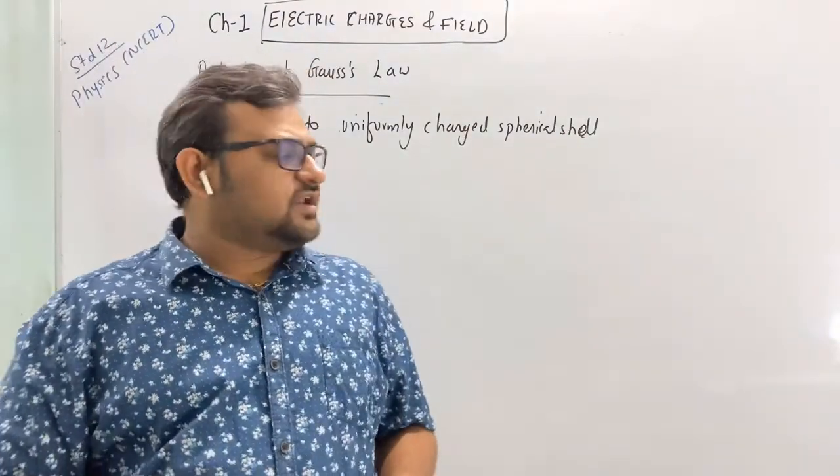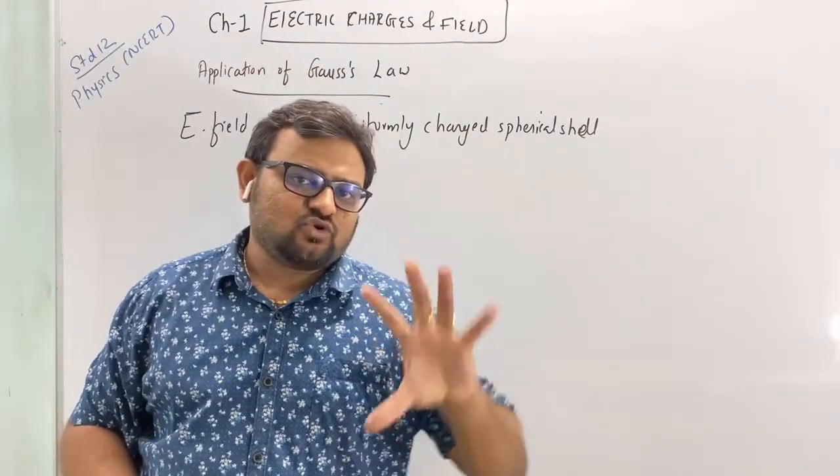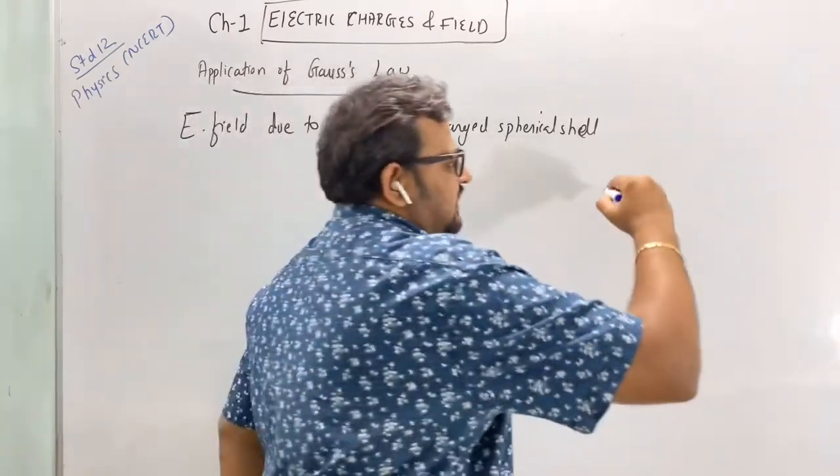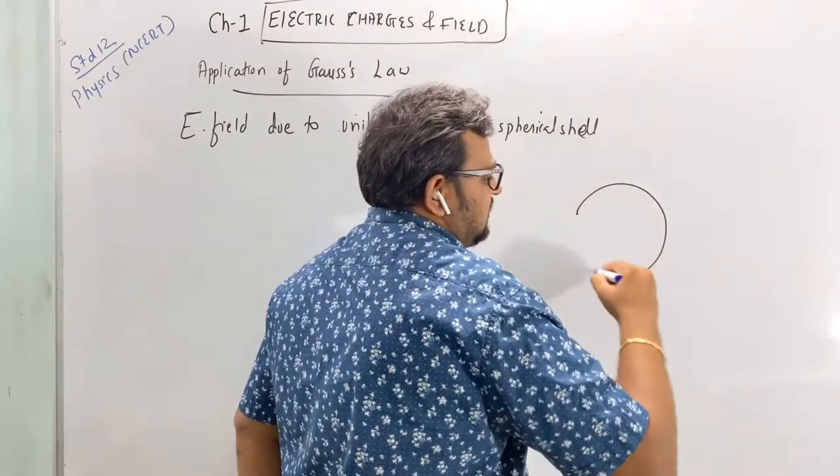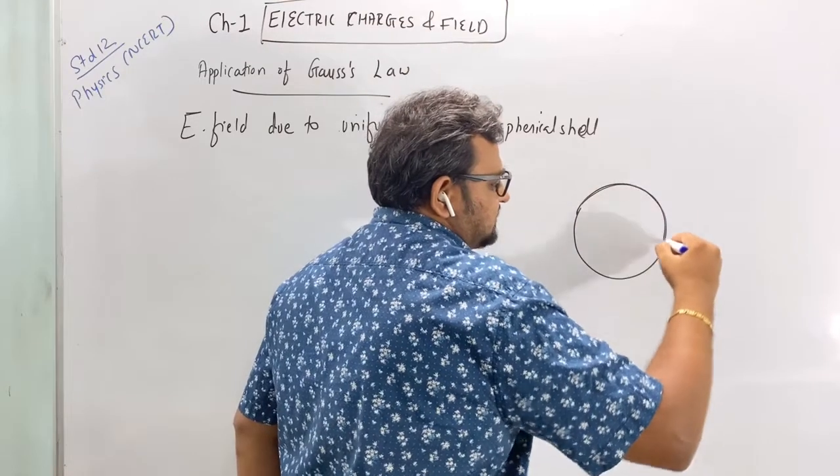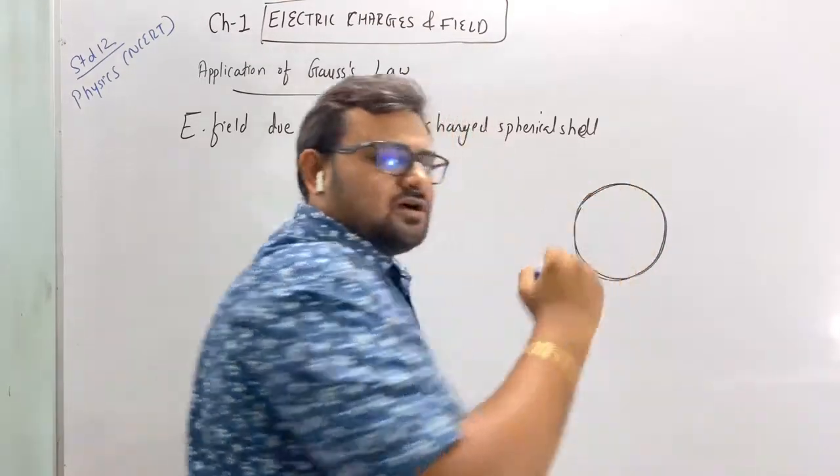Okay, now remember here it is shell, so only the border. So when I take this, that means only this much part is there. Okay, this is called a shell.